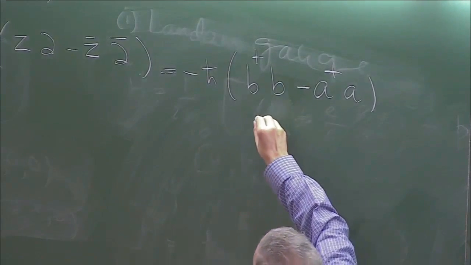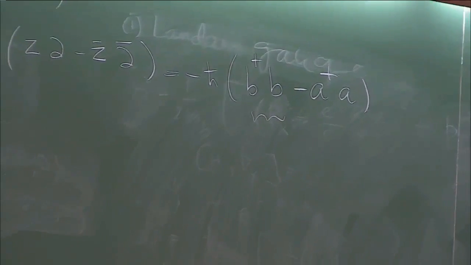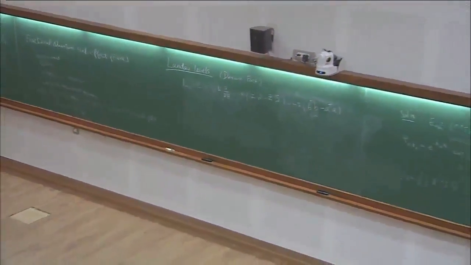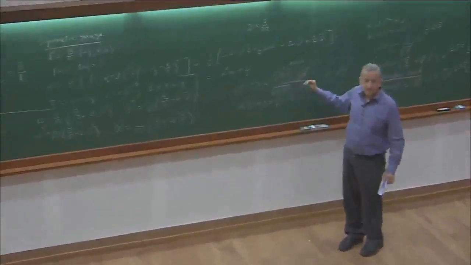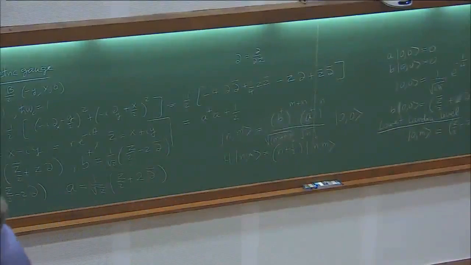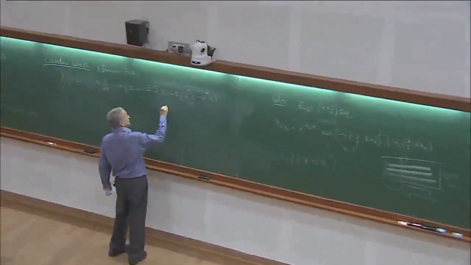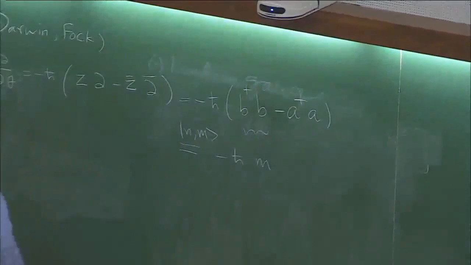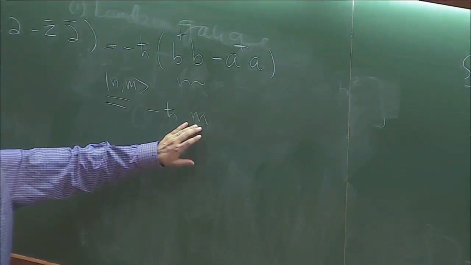Notice that for the wave function that we have labeled as n comma m, the expectation value of b dagger b is m plus n, and the expectation value of a dagger a is n. So the right hand side is equal to m.